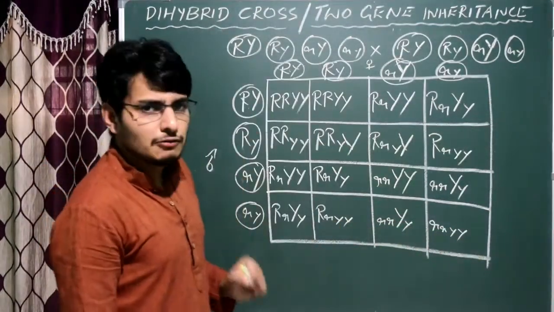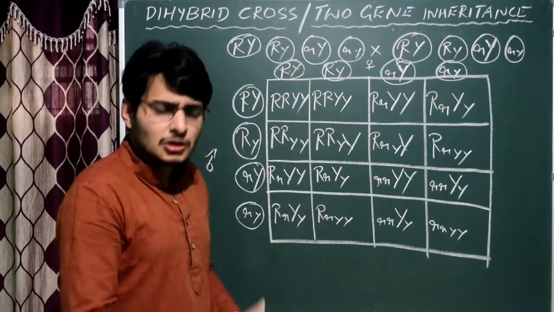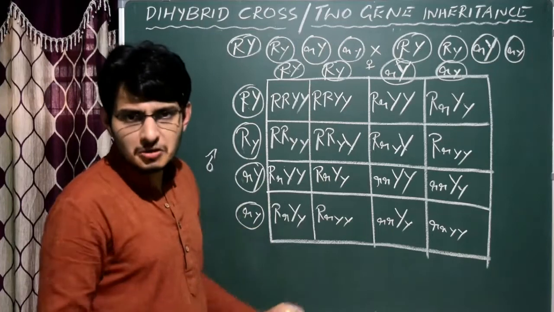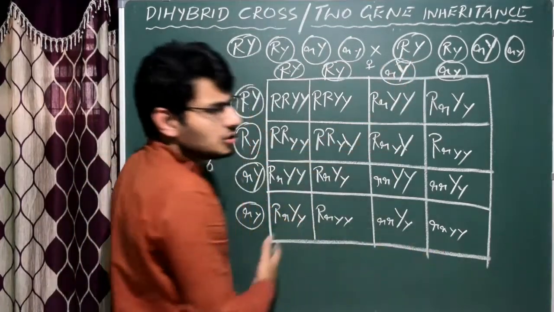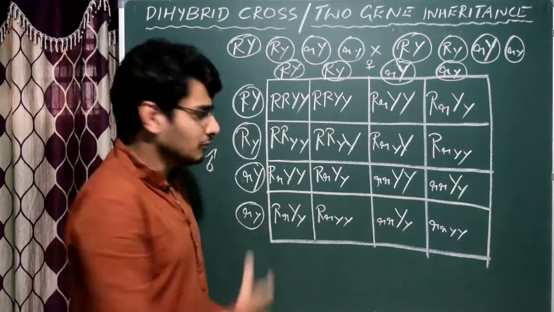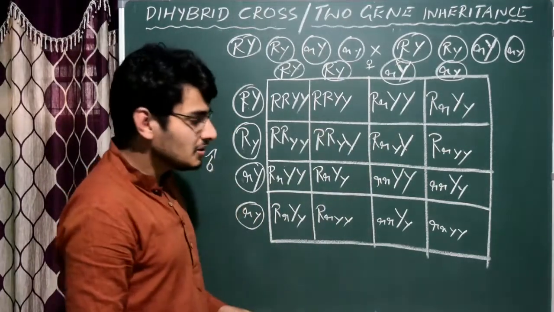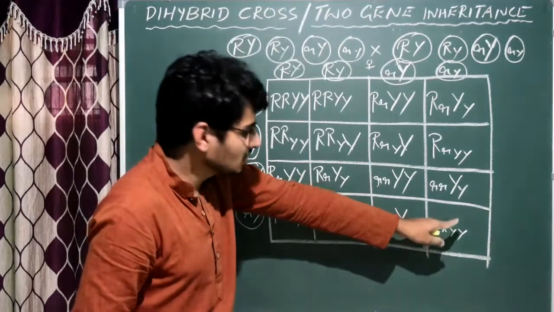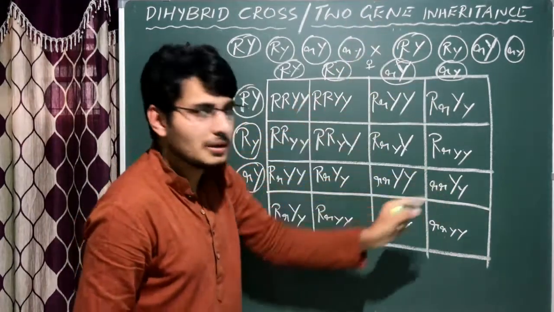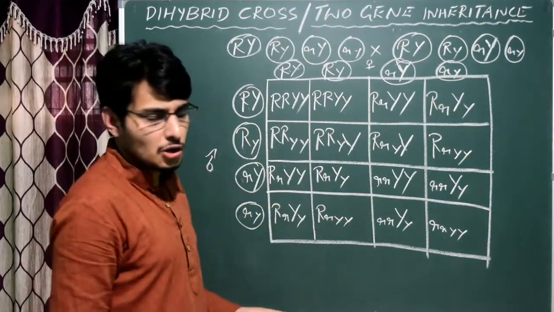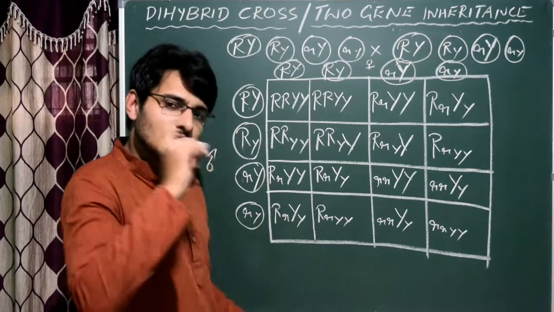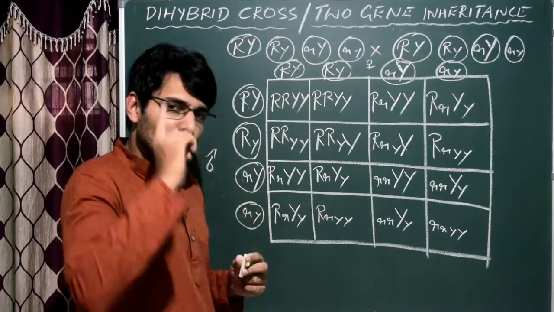I just want to tell you one thing: whether it is a monohybrid cross, dihybrid cross, trihybrid cross or tetrahybrid cross, it doesn't matter. Whatever the number of offsprings you get within the Punnett square, the recessive genotype, like the recessive parent, will always be 1. In a monohybrid cross, out of 4 offsprings, the recessive genotype will be 1 out of 4.